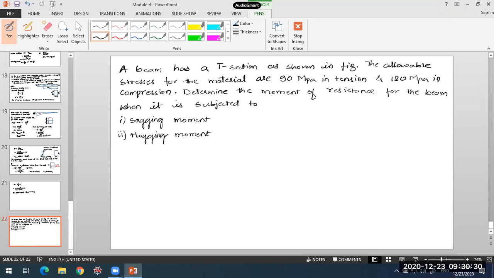So you need to determine the moment carrying capacity of the beam.